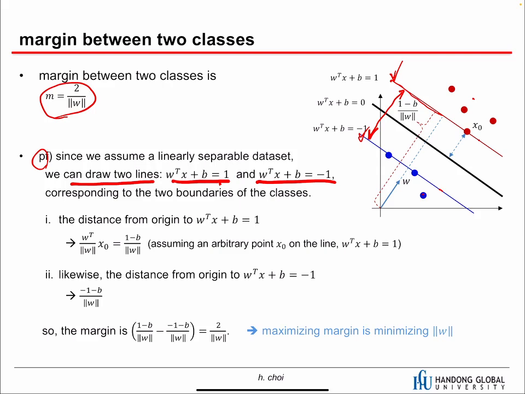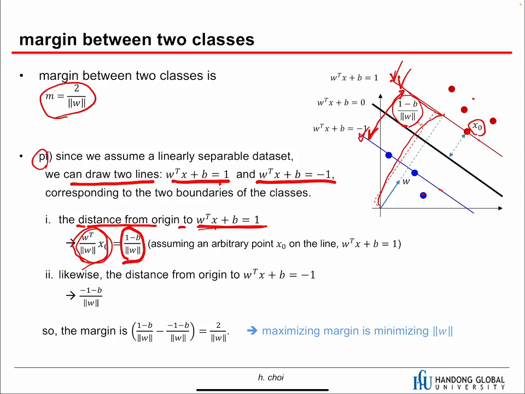Okay. And then the distance from the origin to this line is this one. Let's say there is one point here, and if that is x naught, then this is the distance. Since this is the line, with this one, actually this is the distance. So this is what we have. Okay.